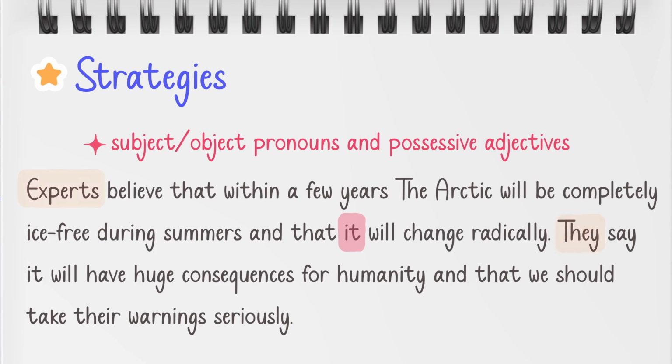They say, this they refers to experts. So instead of repeating the word experts, I use pronouns. They say it will have huge consequences for humanity, and that we, which means we people, should take their warnings seriously. And there is a possessive adjective which refers to experts, right?